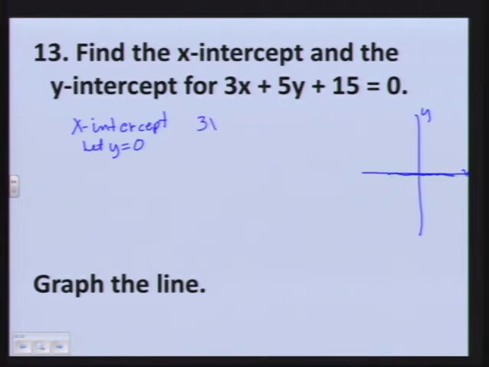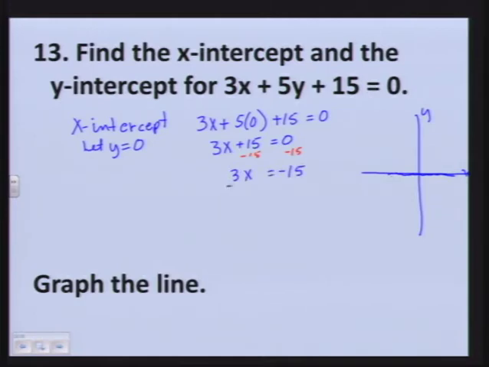So 3x plus 5 times 0 plus 15 equals 0. So we have 3x plus 15 equals 0. Subtracting 15 from both sides, we get 3x equals negative 15.